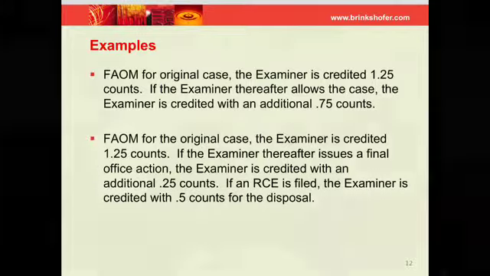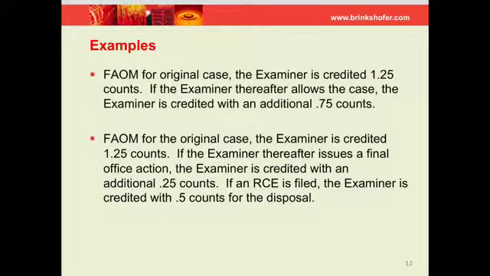So this is the scenario where an examiner gives a first office action, presumably rejecting the claims, the applicant responds, and after that response the examiner issues an allowance. The examiner is credited after that response with 0.75 counts.